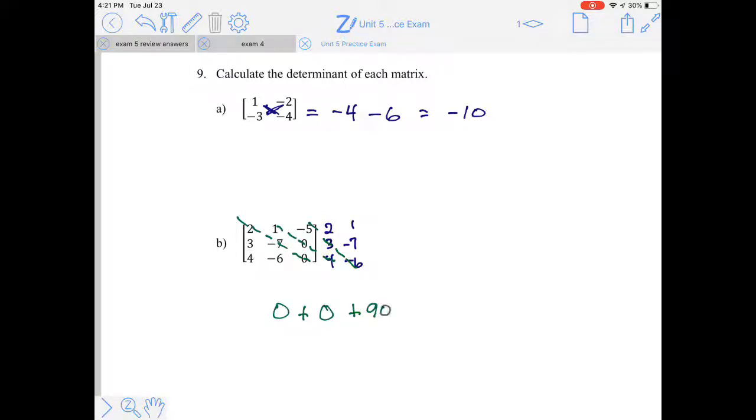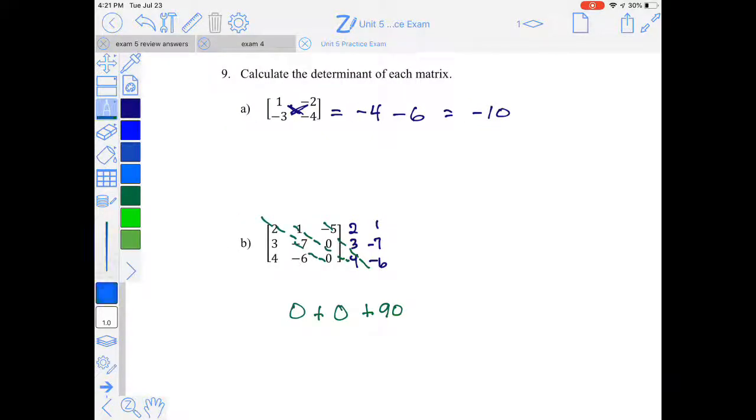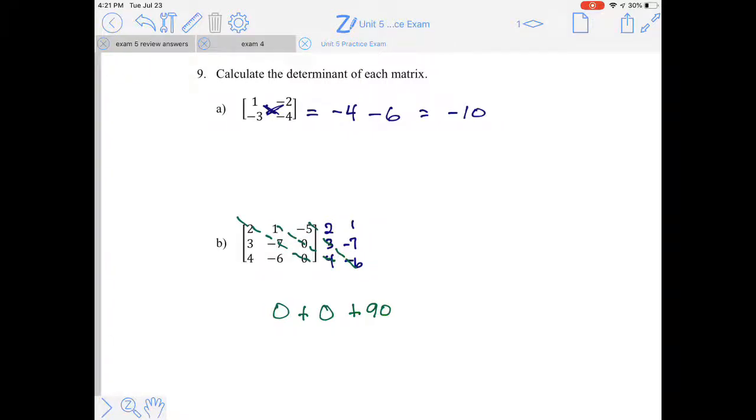Somebody better double check me on that one. I believe it's 90. Now, the next three products are going the other direction, so you find that product, this product, and that product, and you subtract all of those.